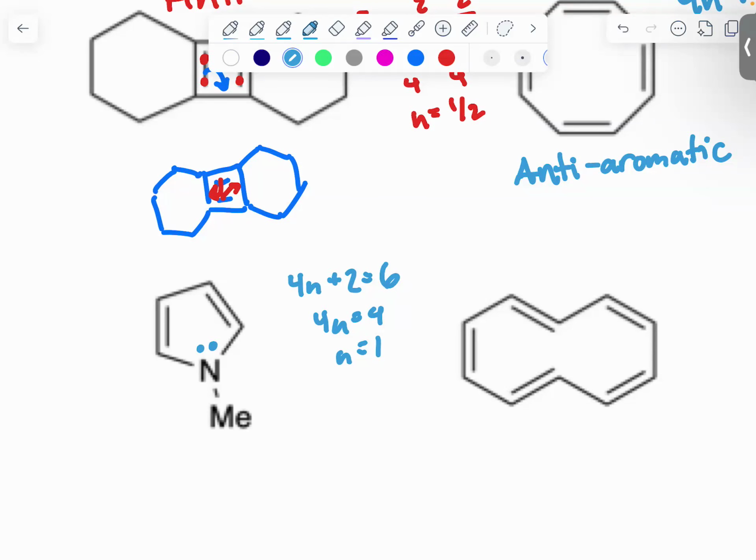The amine is included and its lone pair is included. That's more than you bargained for. Just count your electrons.